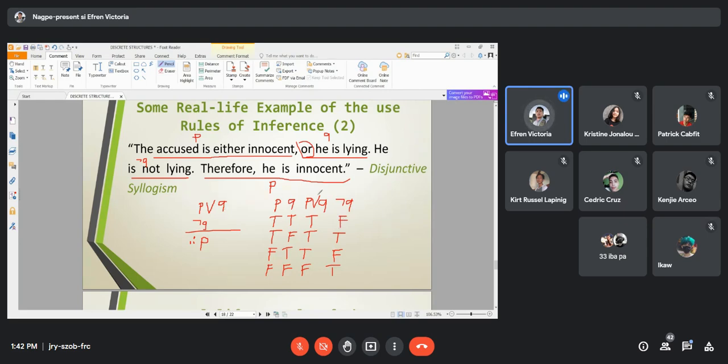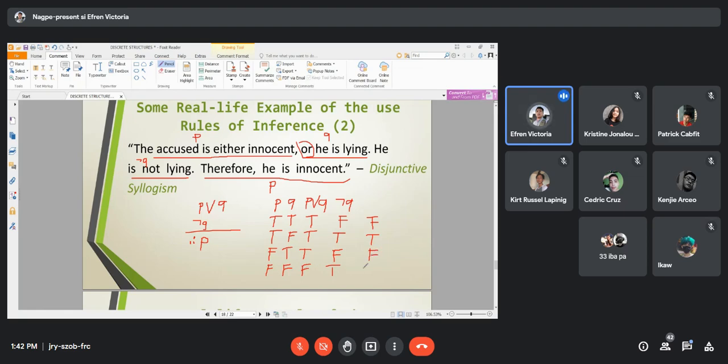Okay, so ngayon, if then. So, if then natin, yung conclusion natin. So, itong dalawa. So, ito ay true, false, false. True, true, false, true. True, false, false ulit.